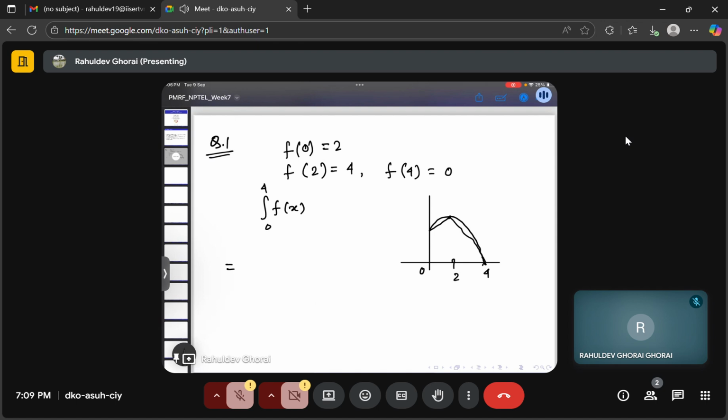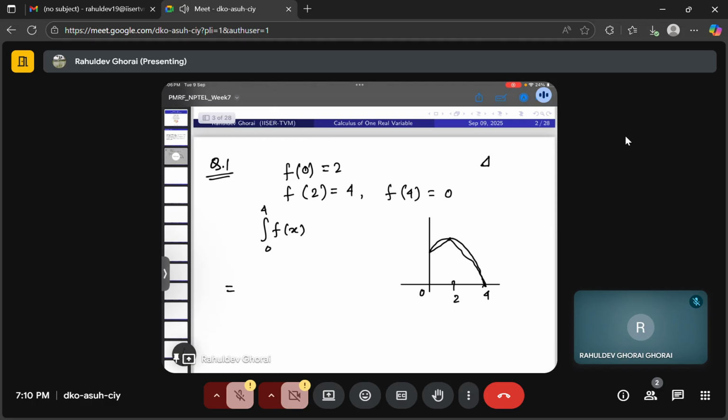Using this 0 to 4, let del x be equal to 2. Del x means the interval has been divided, so (4 minus 0) over n is del x, and del x equal to 2 means n will be 2. So the number of intervals is 2, n equal to 2, then del x will be 2. The two intervals are 0 to 2 and 2 to 4, right?